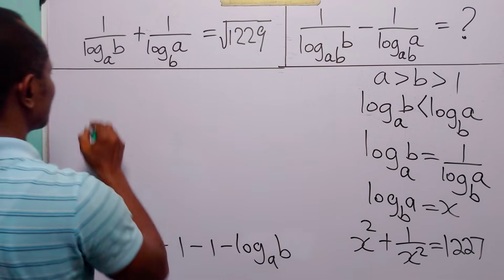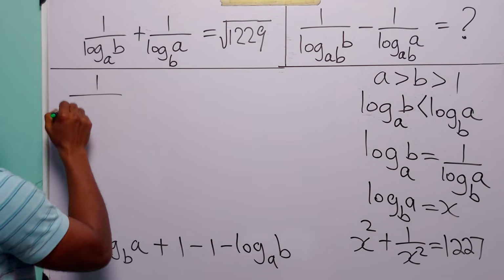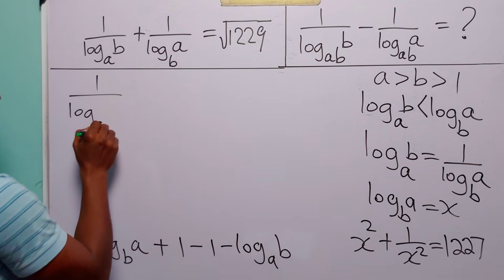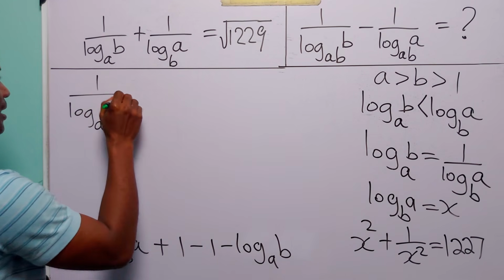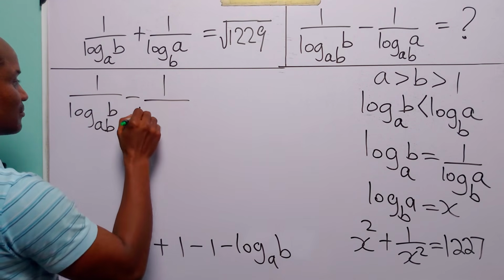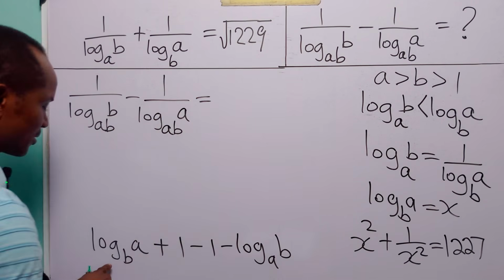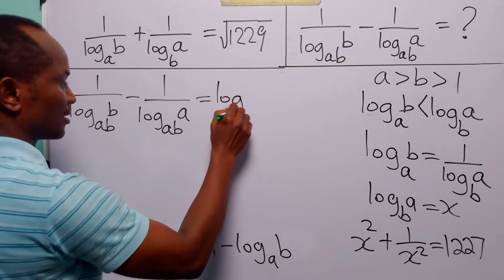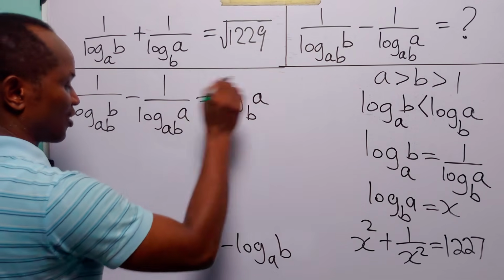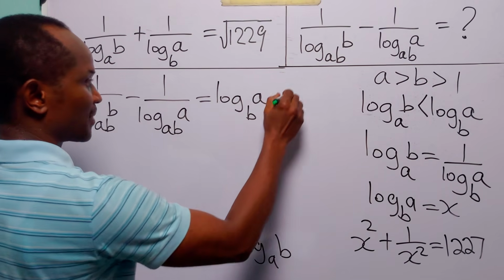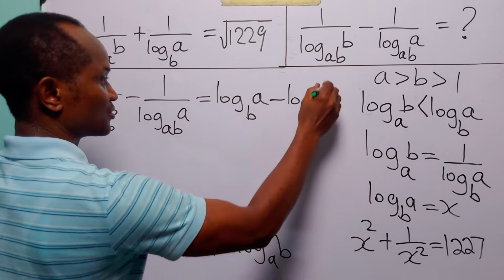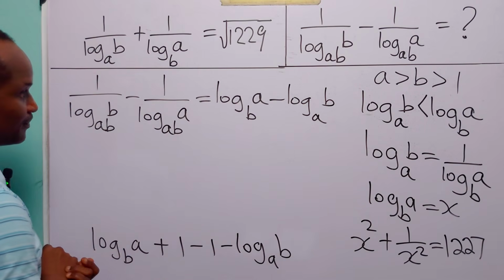So we have that 1 over log to base AB of B minus 1 over log to base AB of A is equal to log to base B of A minus log to base A of B.